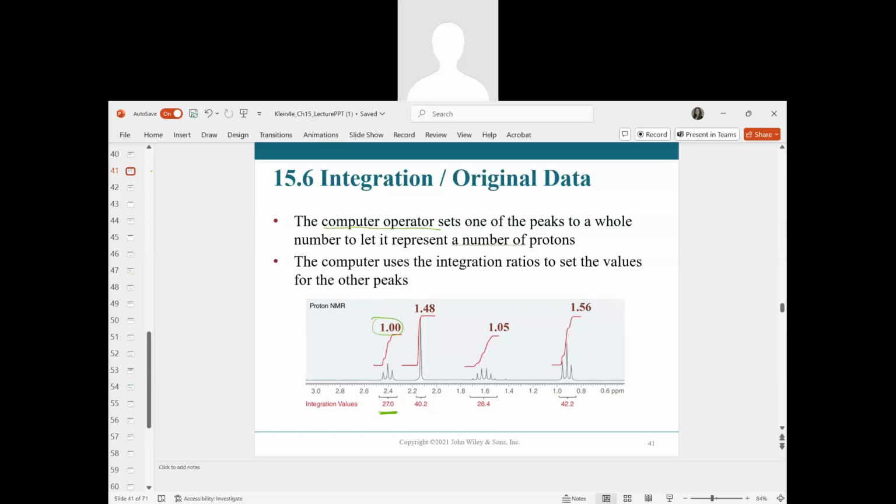So we would divide 40.2 by 27.0, and we would get about 1.48, and like so. Divide this by 27 and this by 27. So now we see these relative ratios, so 1 to 1.48 to 1.05 to 1.56.